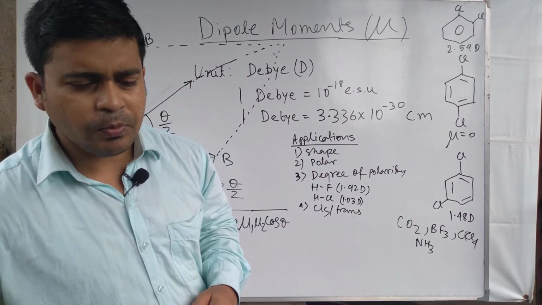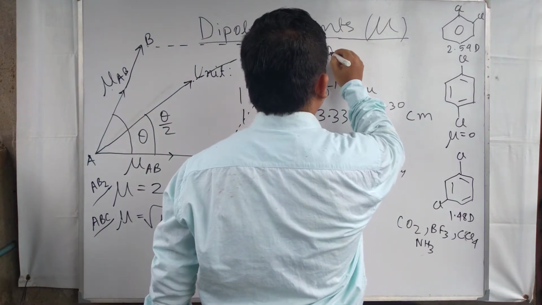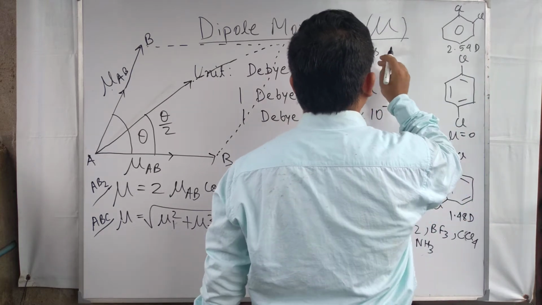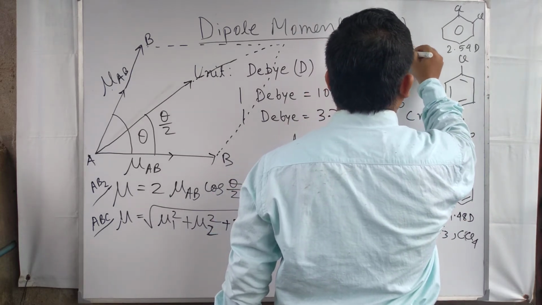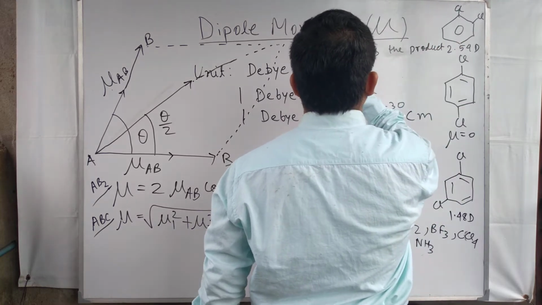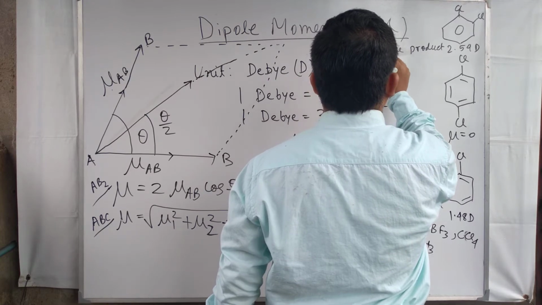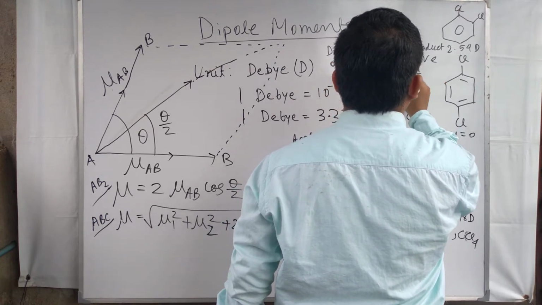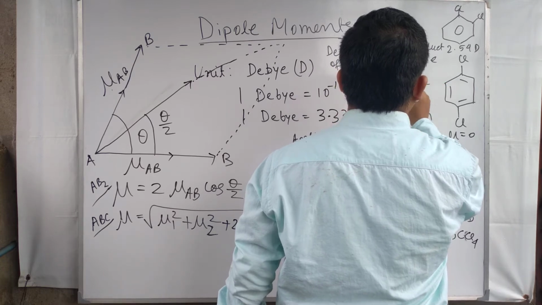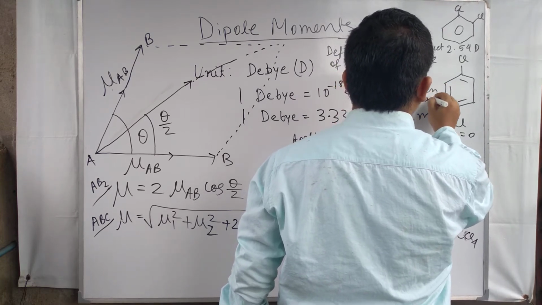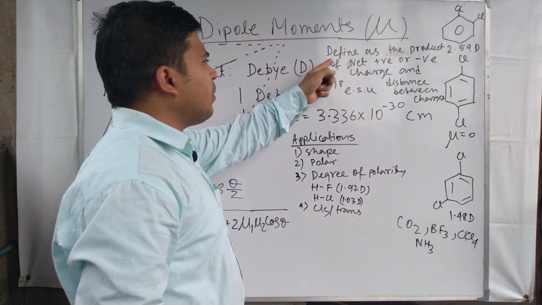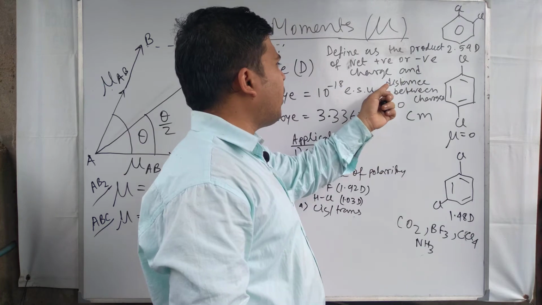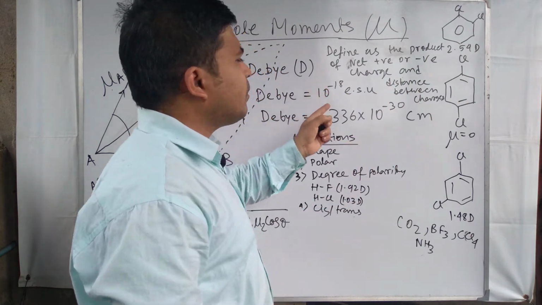So the dipole moment of a molecule is defined as the product of the net positive or negative charge and the distance between the charges. This is the definition of dipole moment.